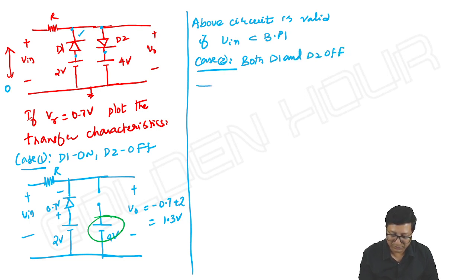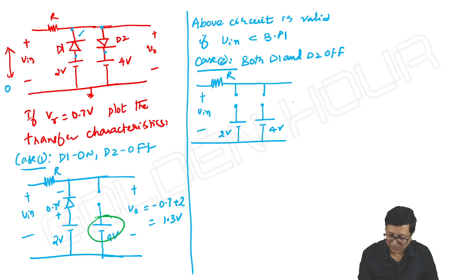If both are off, with 2 volts, 4 volts, V input and V output, from this circuit what can we write? Output is equal to input. How long is this circuit possible?